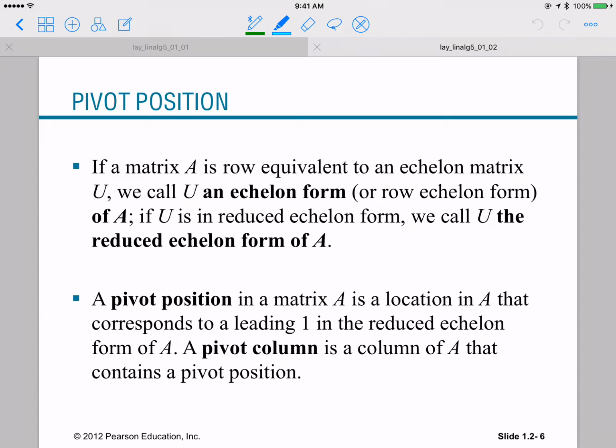I mean, for some matrix, can it never be converted into echelon form? Is there any case like that? The answer is no. Given any matrix, you can always convert it into echelon form, and also reduced echelon form. So whether echelon form exists, the answer is always yes.